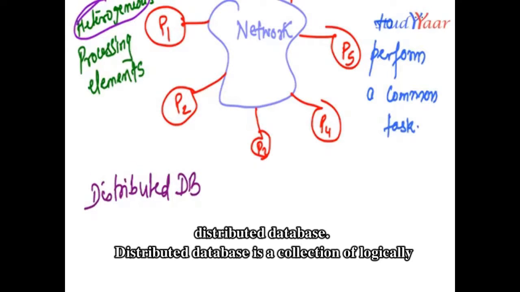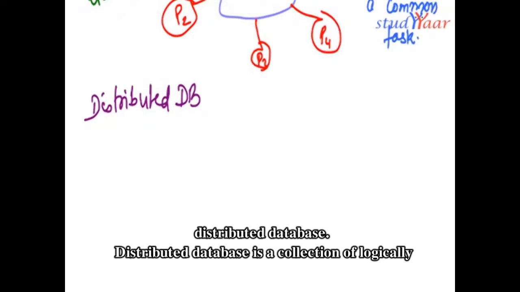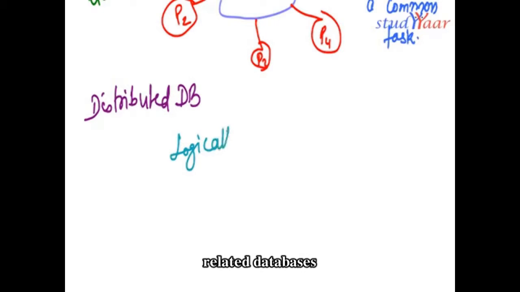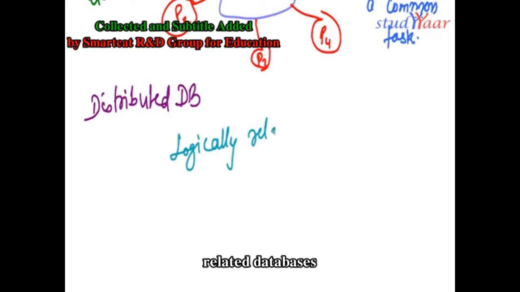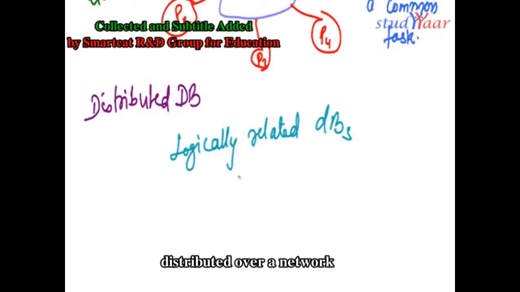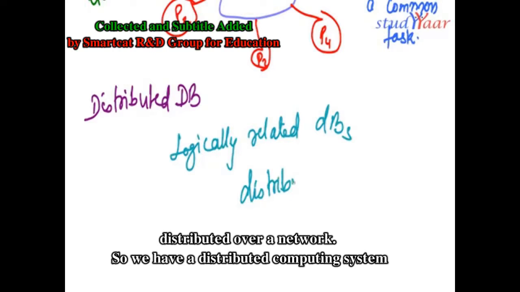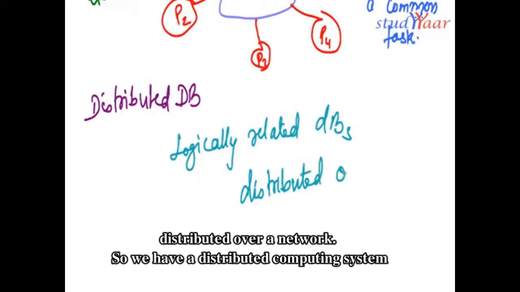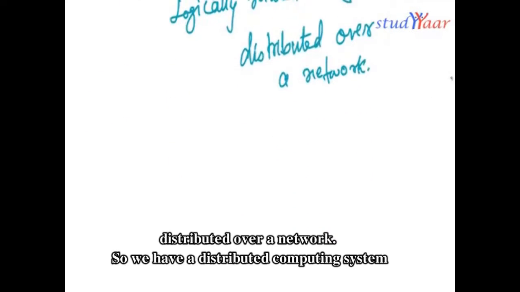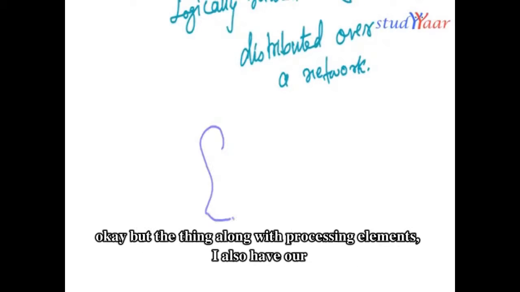A distributed database is a collection of logically related databases distributed over a network. So we have a distributed computing system.